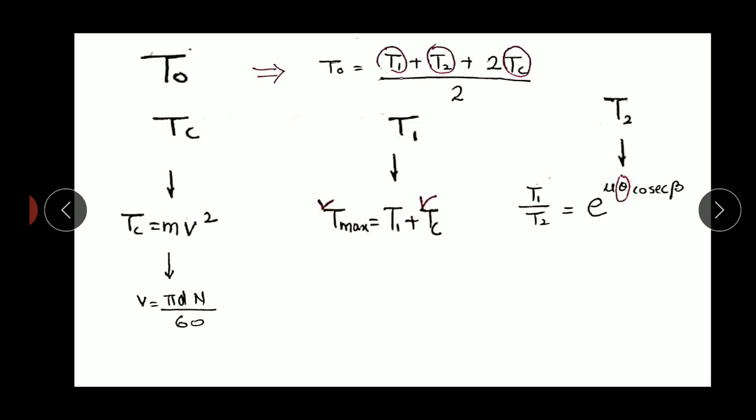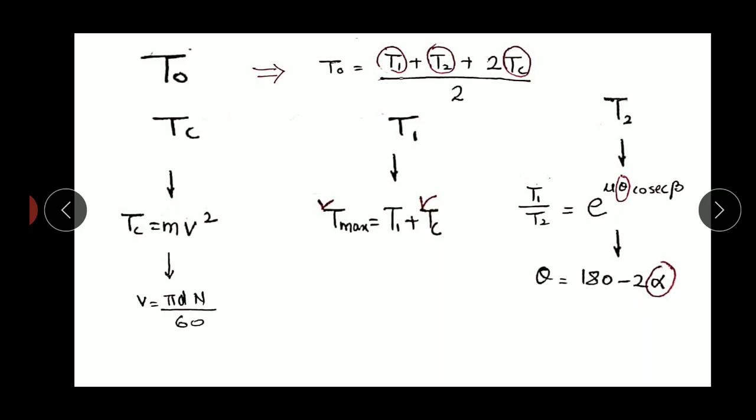As we cannot calculate cosec beta directly on our scientific calculator, we can take it as 1 upon sin beta. So the modified equation will be T1 upon T2 is equal to e raised to mu theta upon sin beta.